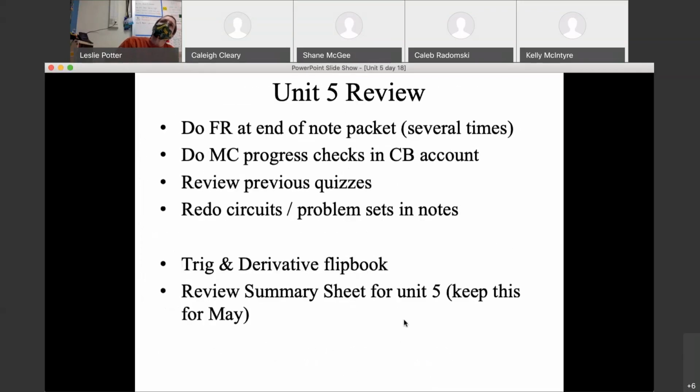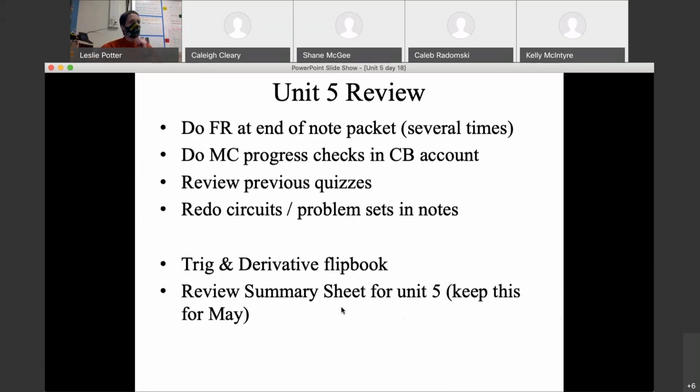Okay, so this is our what to do today between today and tomorrow. Obviously, people that I'm talking to in WebEx, you'll be here. Obviously, people in the classroom, you'll be not here. You all have the same expectations. I'm encouraging you at the bottom of this PowerPoint, do a summary sheet, okay?